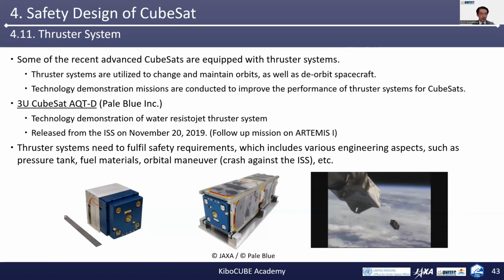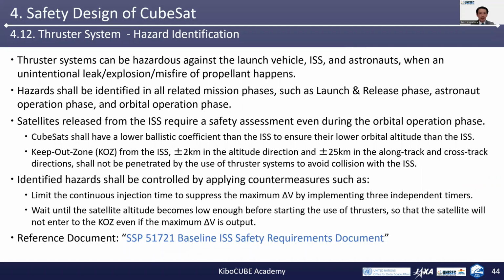So thruster systems need to fulfill safety requirements, which include various engineering aspects, such as the pressure tank, fuel materials, orbital maneuvers, not to crash against the ISS, etc. Thruster systems can be hazardous against the launch vehicle, ISS, and astronauts when an unintentional leak, explosion, misfire, or propellant happens.